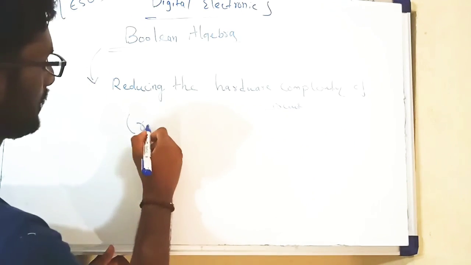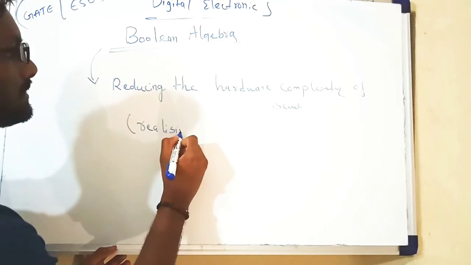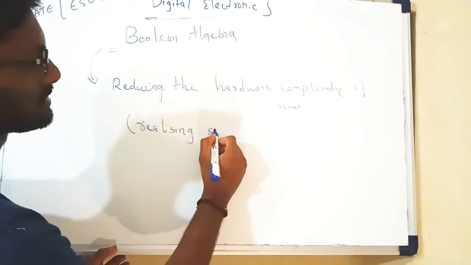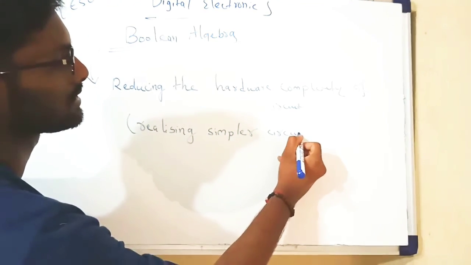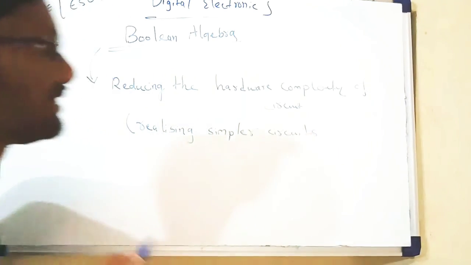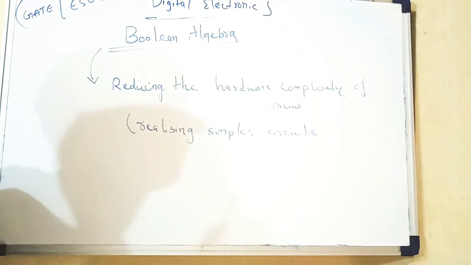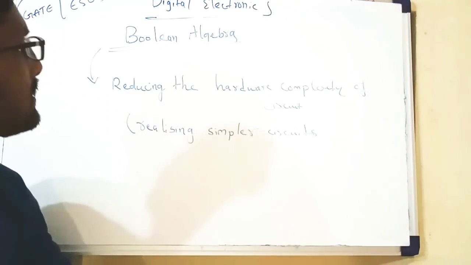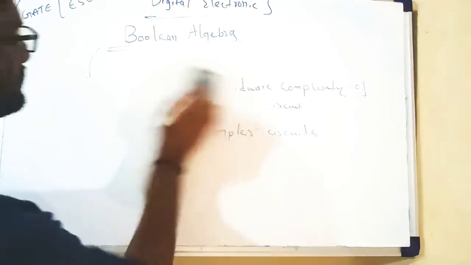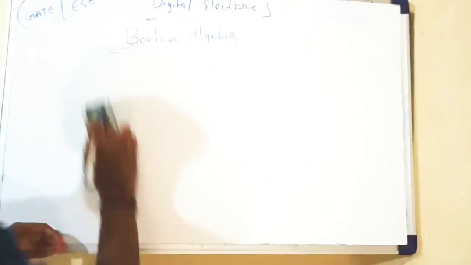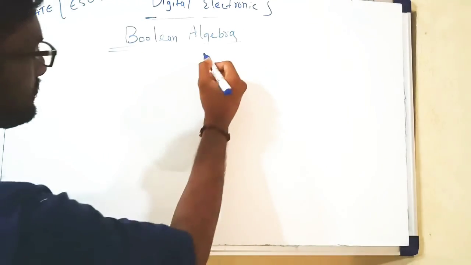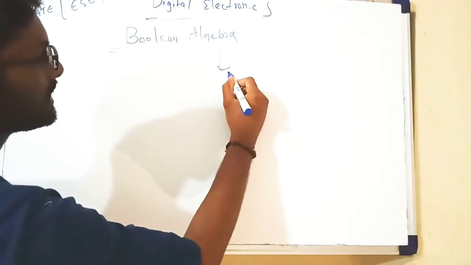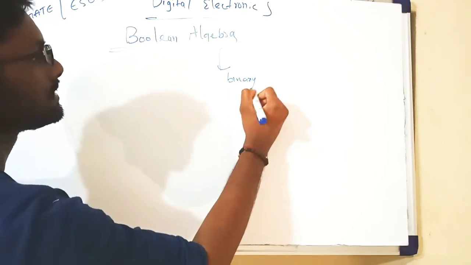Which means realizing simpler circuits so that the operations and speed of the hardware can be implemented in a better way. Here in Boolean algebra, we are mainly dealing with binary numbers.